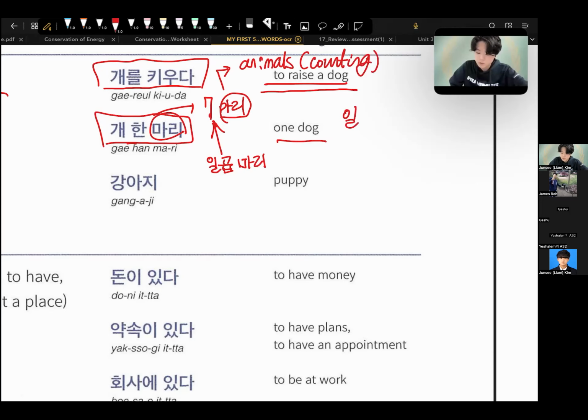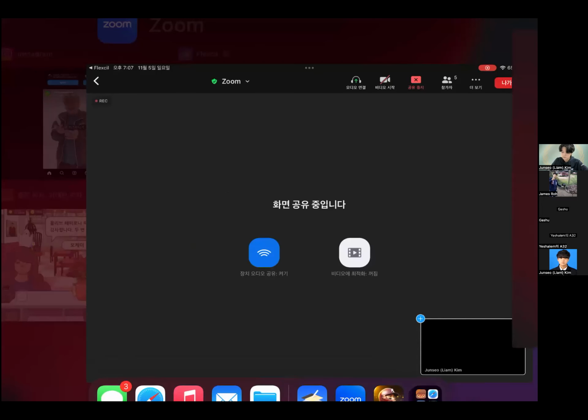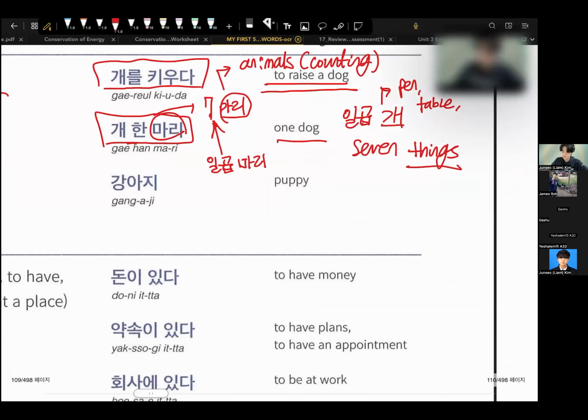But 일곱 개 means seven things. 개 is only used for objects, such as a pen or a table, or some other objects that are not living.